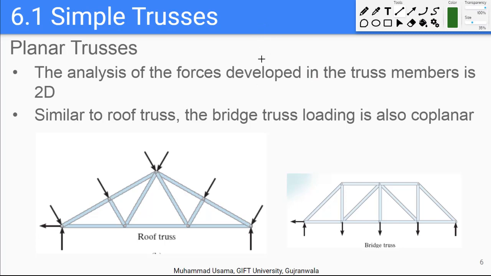You might have seen electrical poles which are made something like this. So we have electrical poles, and these poles are also made out of simple trusses, and they have cross trusses in between.